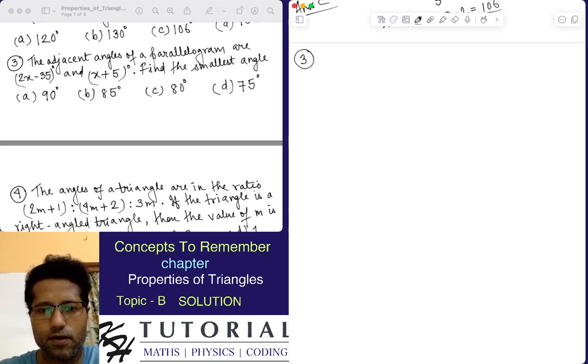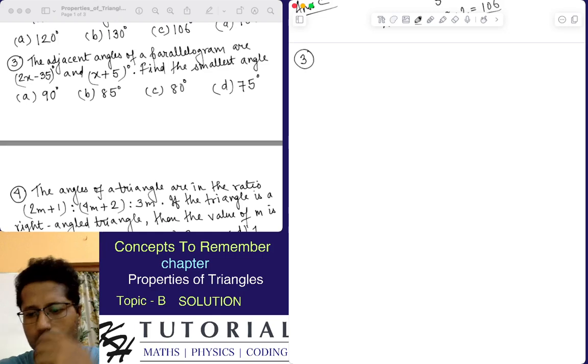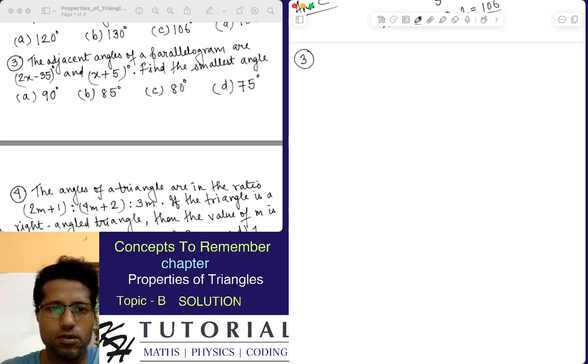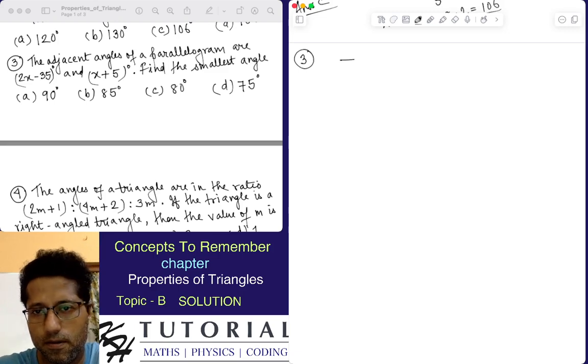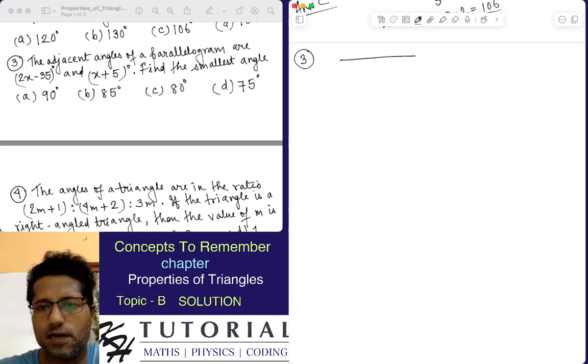The adjacent angles of a parallelogram. I hope you are aware of all the shapes like parallelogram, rhombus, square, circle, and all their properties like sides and angles. In a parallelogram, two opposite sides are parallel and two opposite sides are equal. So we have something like this.